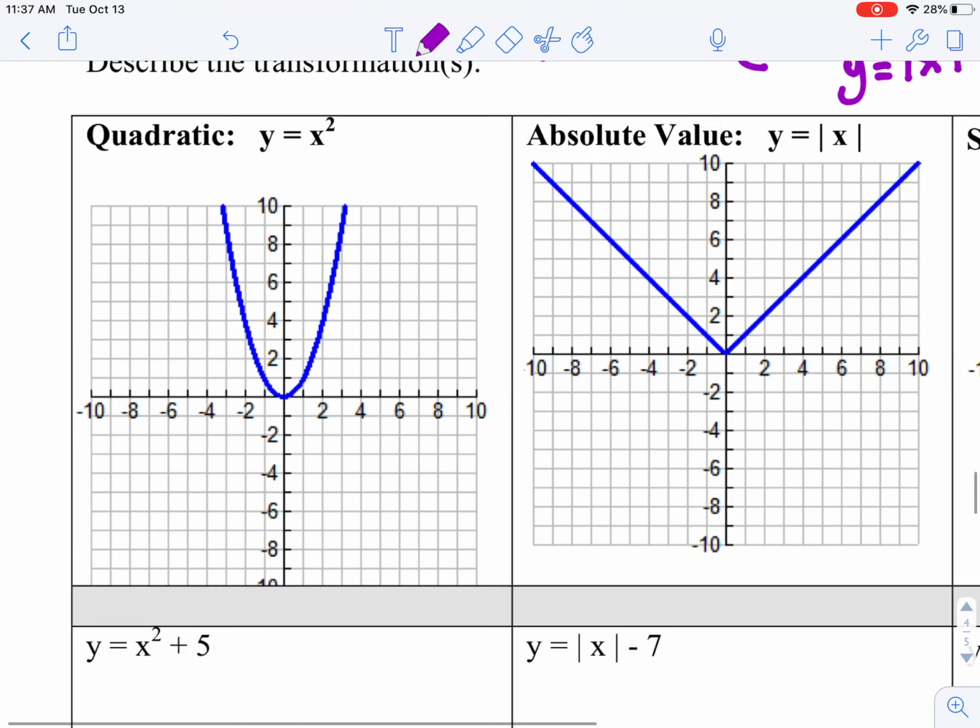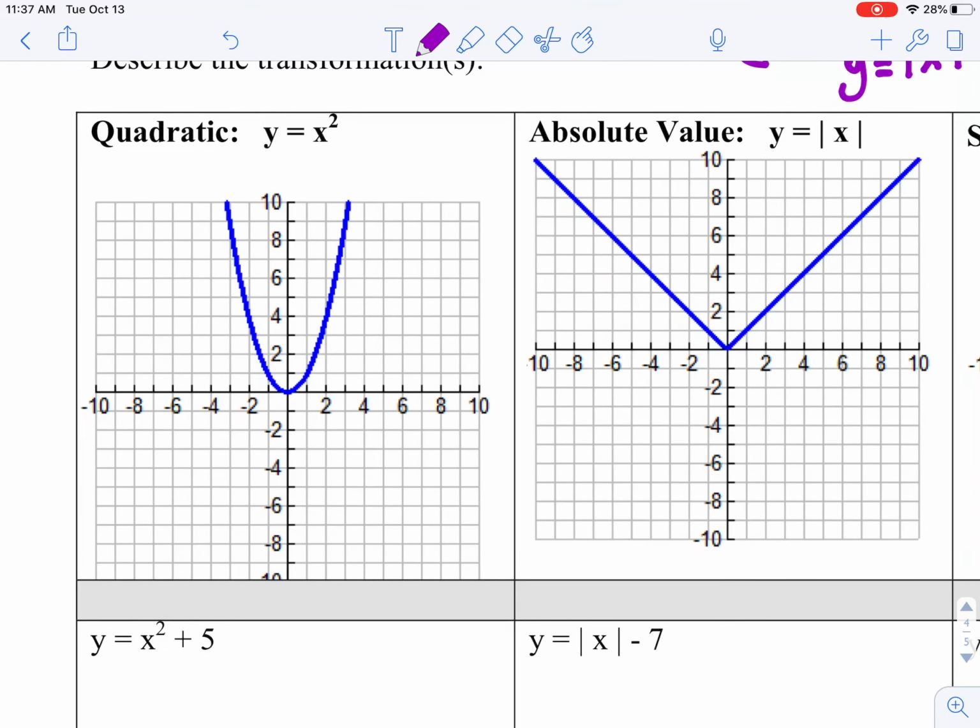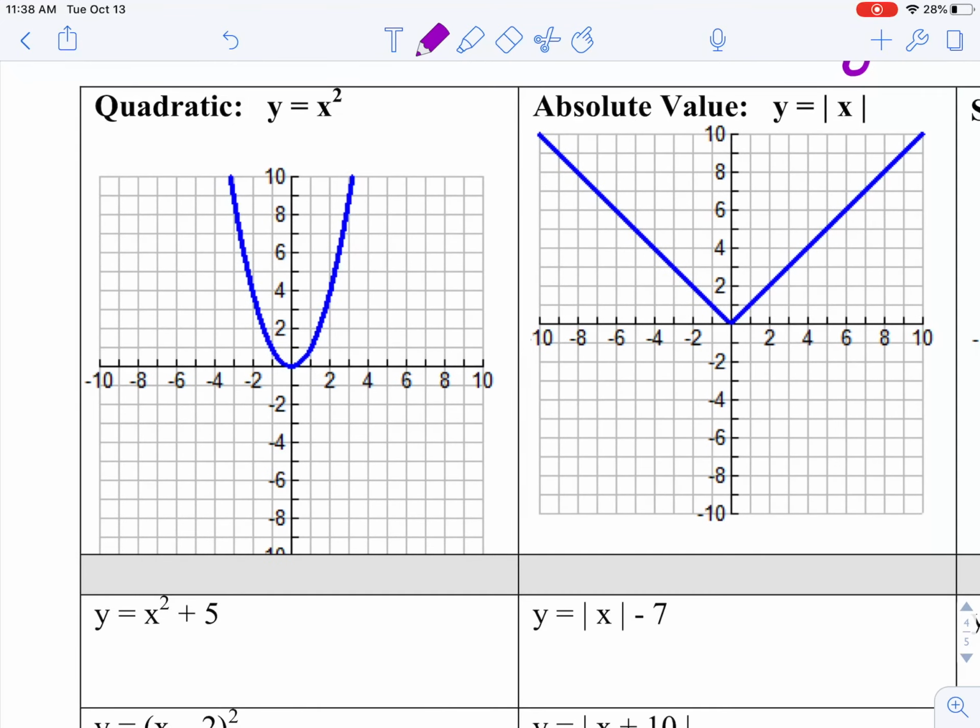So this first quadratic function is y equals x squared. And if we look at the first example here, we have x squared plus 5. So I don't have anything in parentheses, so no left or right movement. And plus 5 means I'm going to shift my graph up 5.